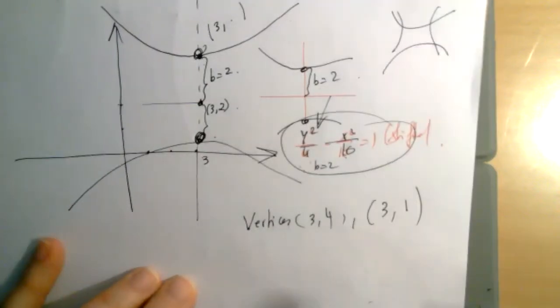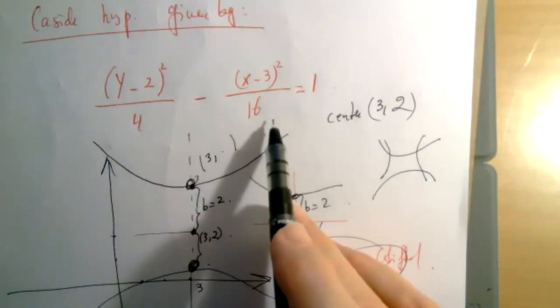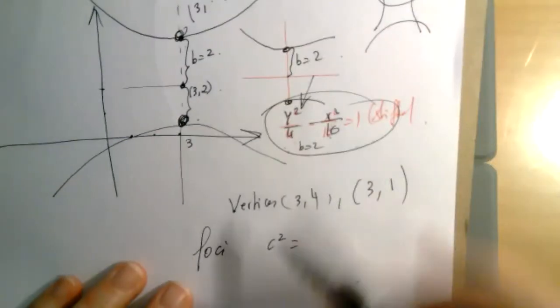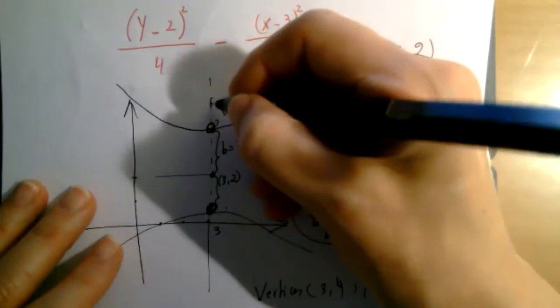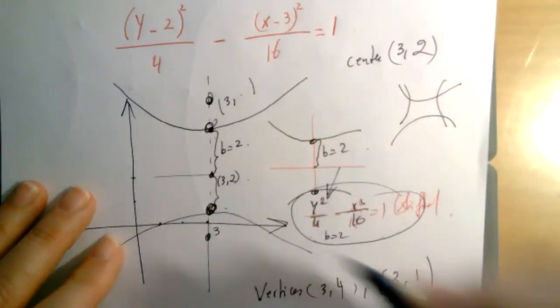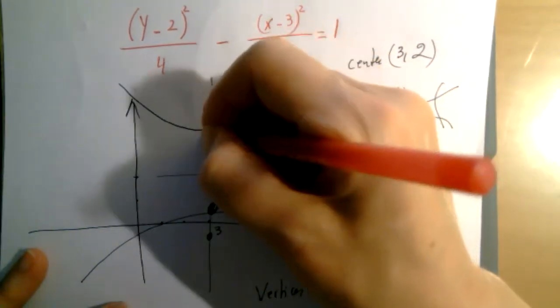Now the foci are easy. C squared is the sum of a squared plus b squared. So this is going to be equal to 20. C is the square root of 20. So it's going to be right there, the foci. And the C is from here to here.